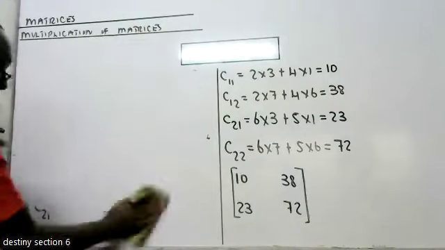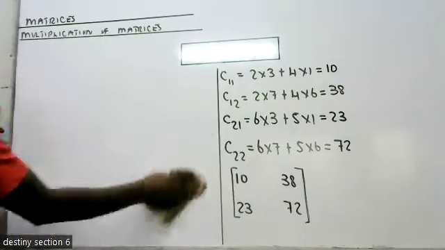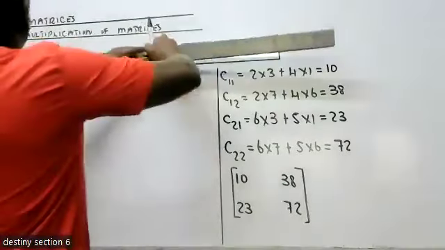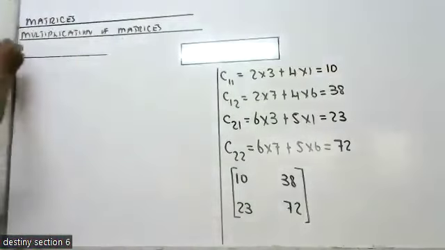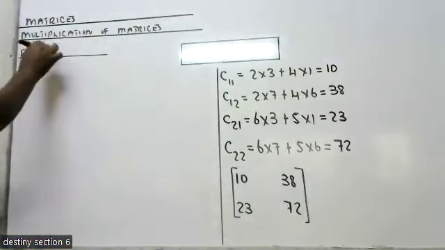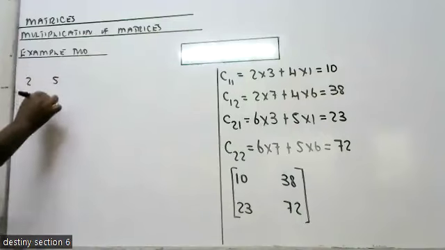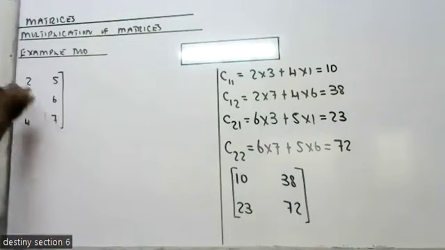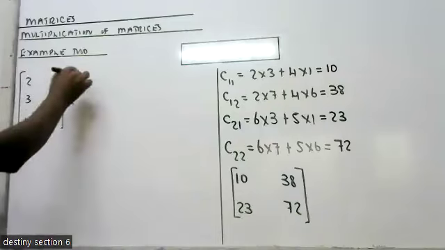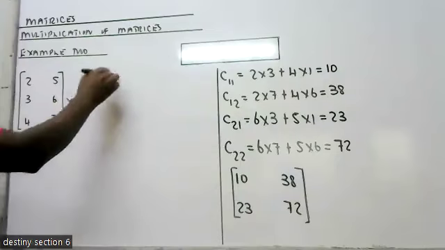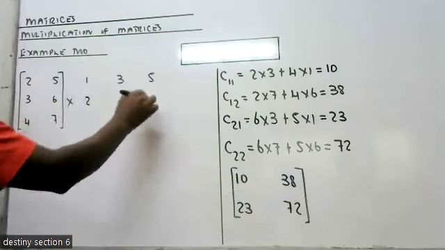Let us have example 2. Now in example 2, you have 2, 3, 4, 5, 6, 7 and 1, 2, 3, 4, 5, 6.